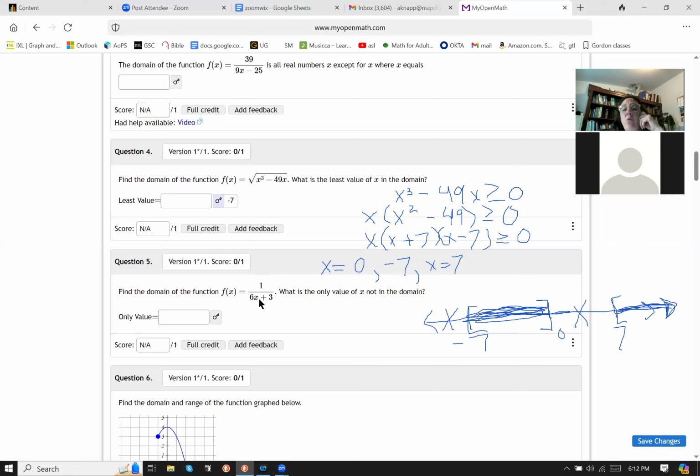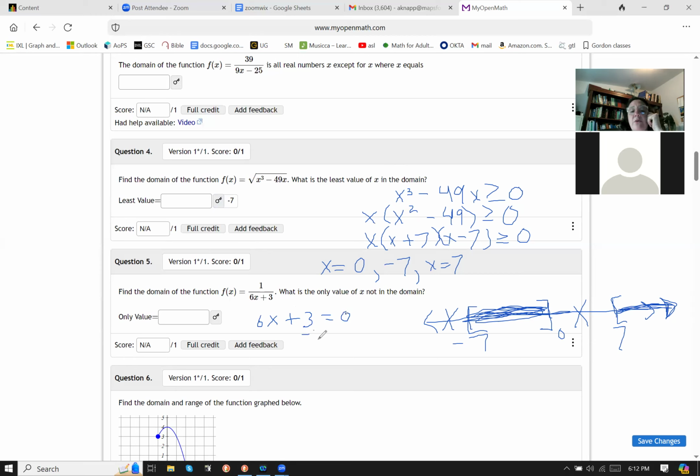So to find out what X value makes this denominator 0, we're just going to take the 6X plus 3, and we're going to set that equal to 0 and solve for the X value that makes the denominator 0.